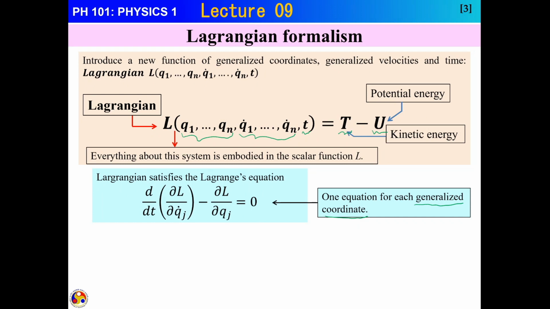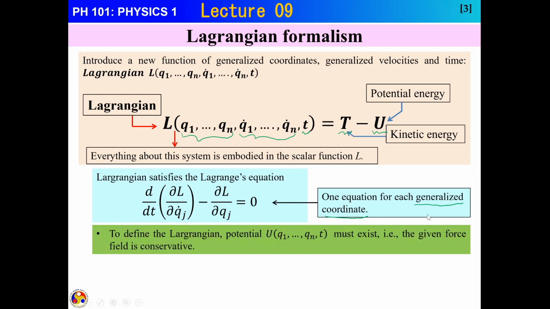And for defining this Lagrangian, we say that the potential must exist and the given force is to be conservative, that is what we have taken into account so far. It was also said that there is no need to consider the constraint forces in Lagrangian formalism.